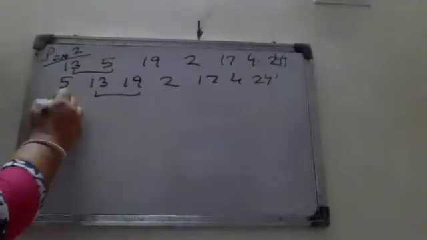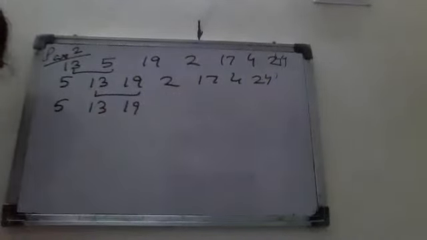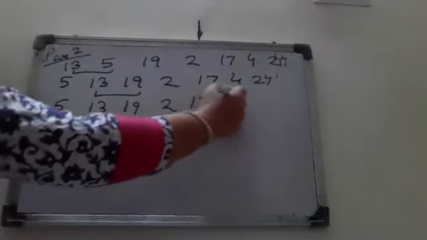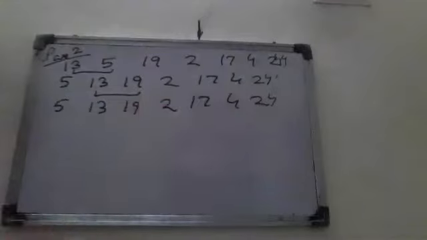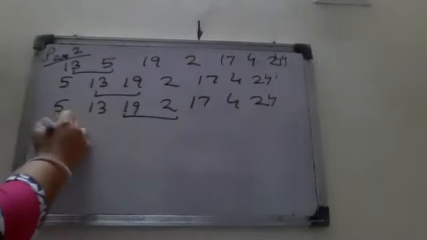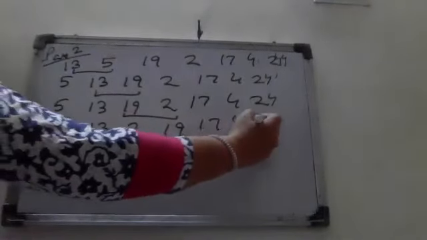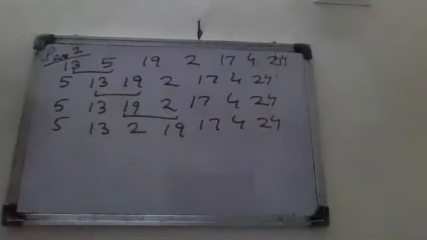Again, these two numbers: 5, 13, 19 remains the same because it is already in ascending order. 2, 17, 4, 24. Again, these two numbers: 5, 13, 2, 19, 17, 4, 24.